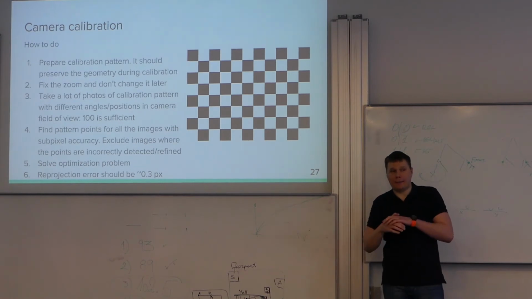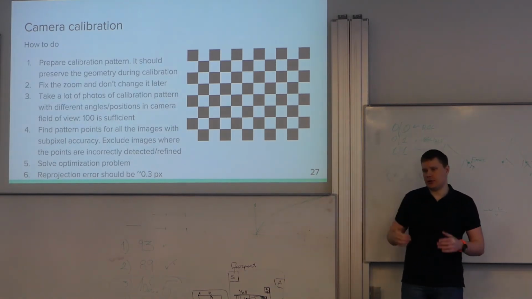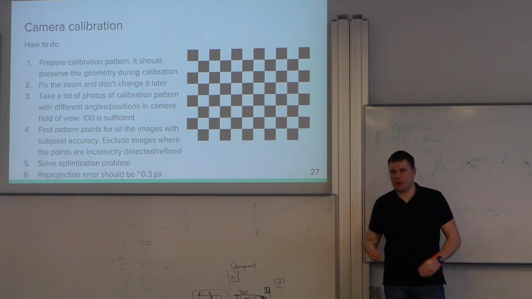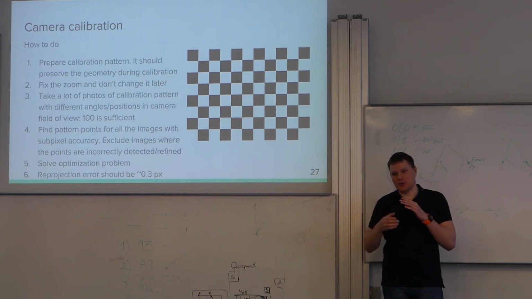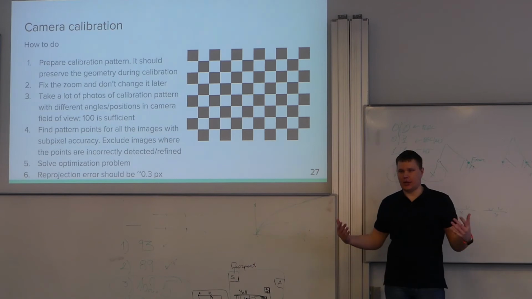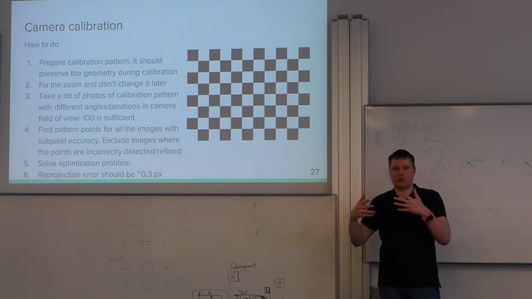Unfortunately, your reprojection error can sometimes lie to you about a successful calibration process, because it's like a learning process. We can overfit to our small part of the images.